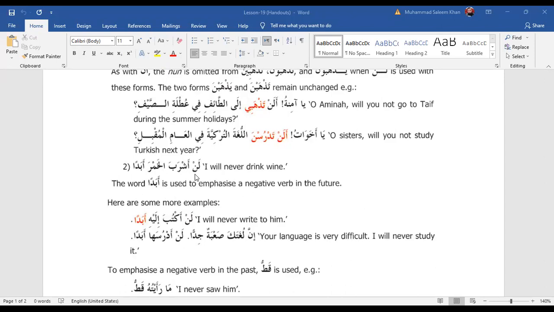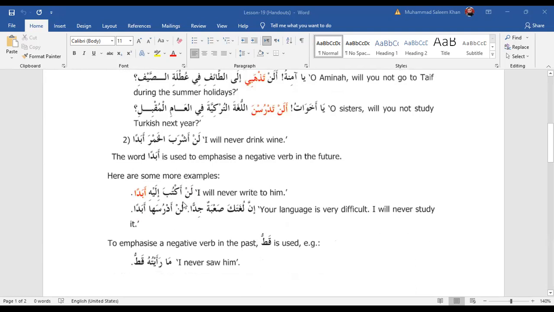Lan is also strong negation, as I told you, but if you add abadan, it is further emphasized, which means I will never ever drink wine in my life. Lan aktuba ilayhi abadan, I will never write to him.